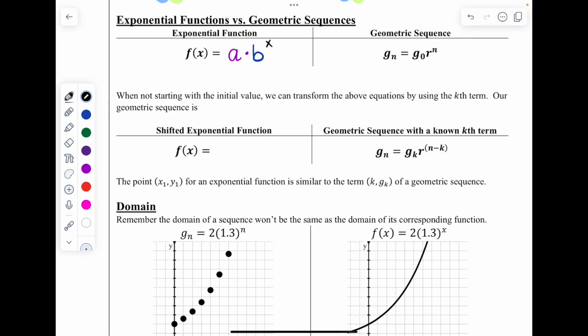We see that this is really similar here: a is like the initial value. b is that base number, which is like our common ratio. And n is the same as our exponent, or your unknown value. So again, this is instead of r, that common ratio.